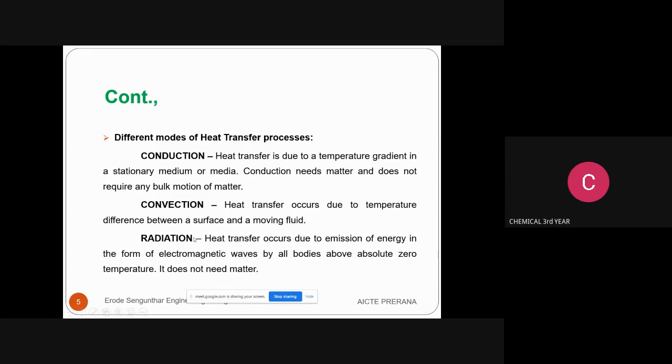The heat transferred due to radiation gives the biggest and largest impact on the environment. Conduction and convection will not show much impact on the environment, but radiation we can't see, yet definitely the impact will be high.